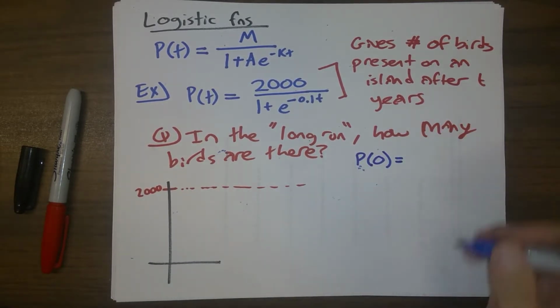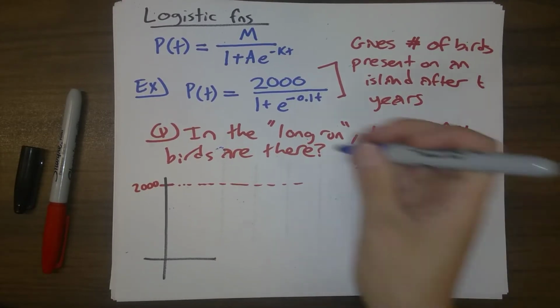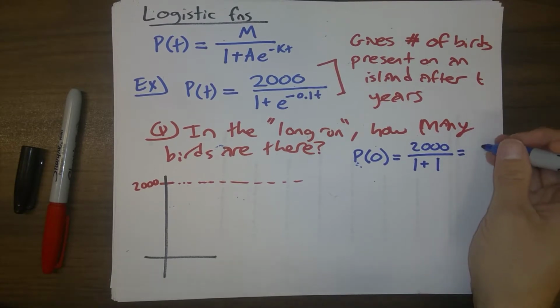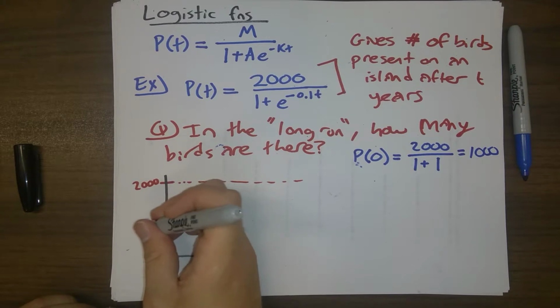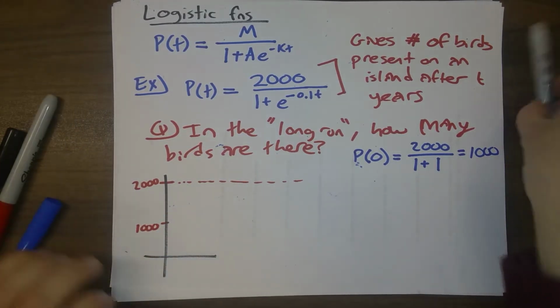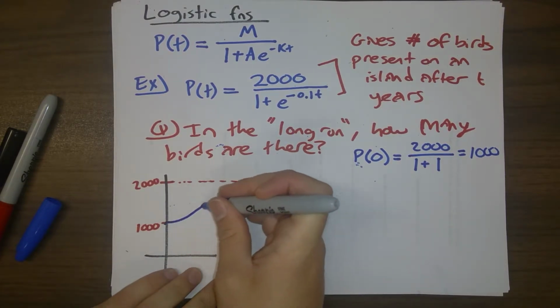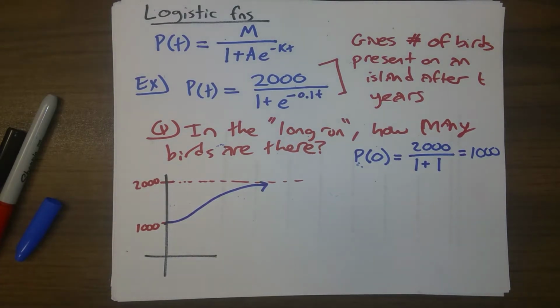How many birds are there right now? 2,000 over 1 plus e to the 0, which is 1. So 2,000 over 2 is 1,000. So right now, there are 1,000 birds. As it turns out, the graph is going to look something like this.